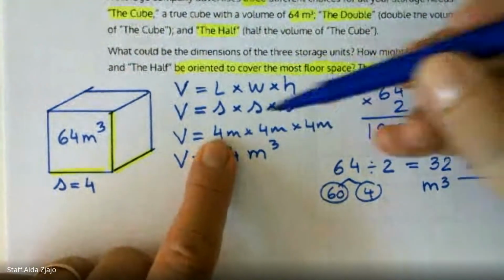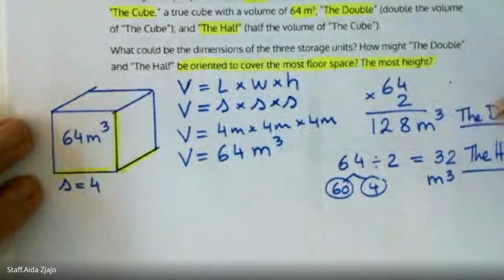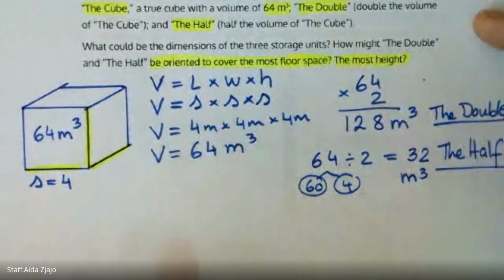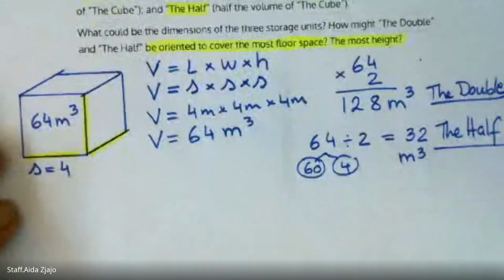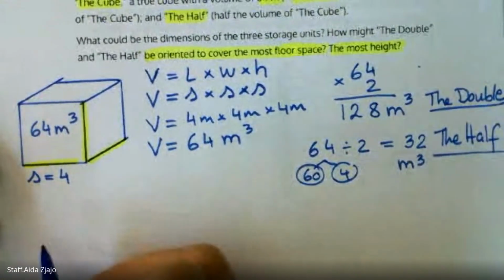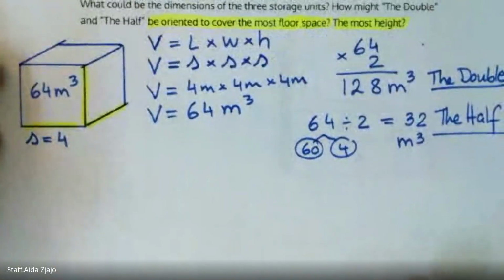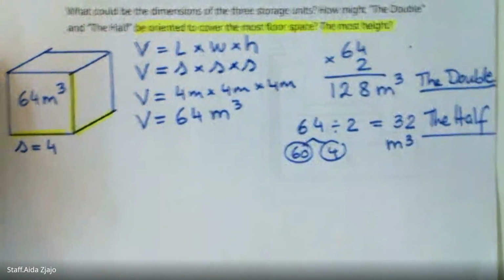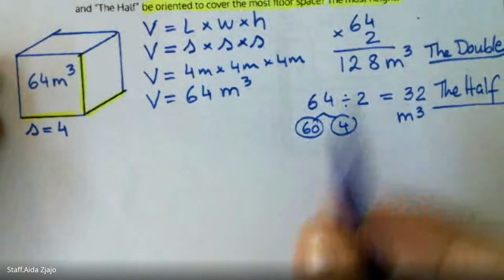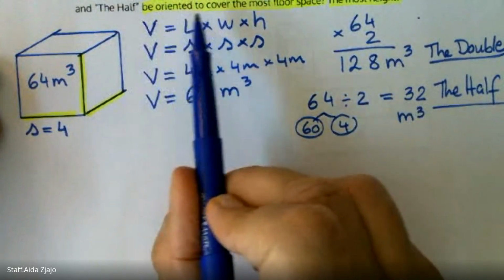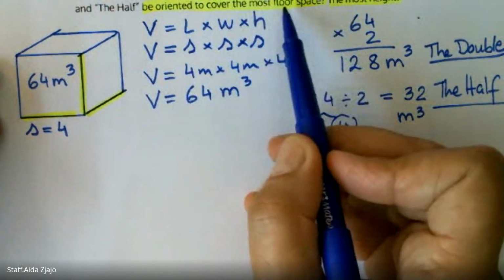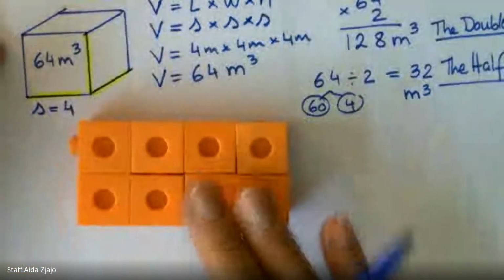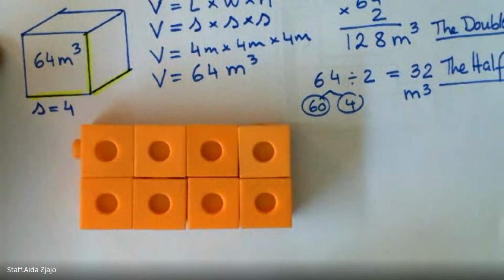Like I said, the possibility for a double would be 8 times 4 times 4, and the possibility for half would be 2 times 4 times 4. That could be, but they would like us to do the most floor space used. Remember, if it is like that, that's the most space used.